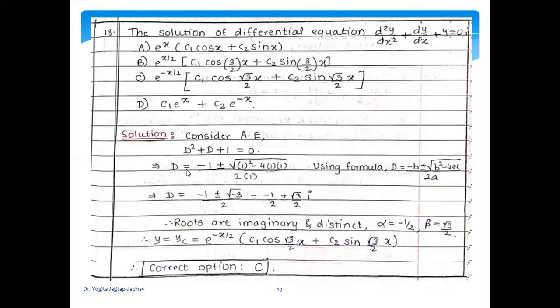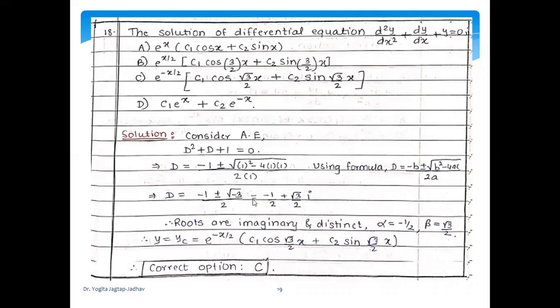Therefore, D equal to minus 1 plus or minus square root of 1 square minus 4 into 1 upon 2 times 1. Here in the radical sign, what do we have? 1 square is 1, 1 minus 4 equals minus 3. Again, you know the square root of minus 1 is i.